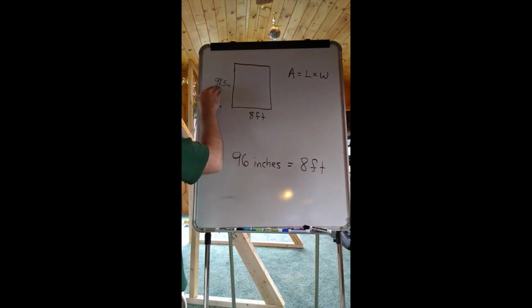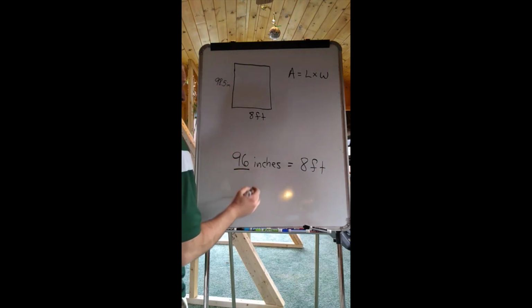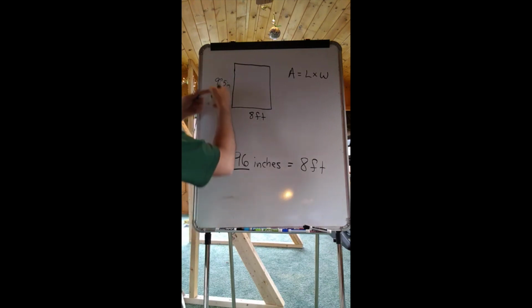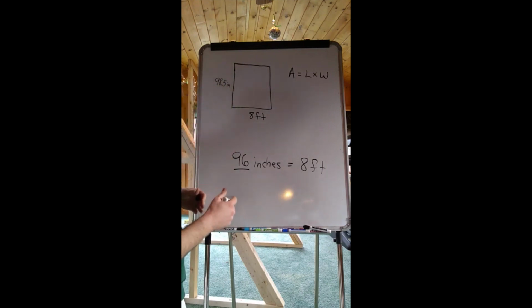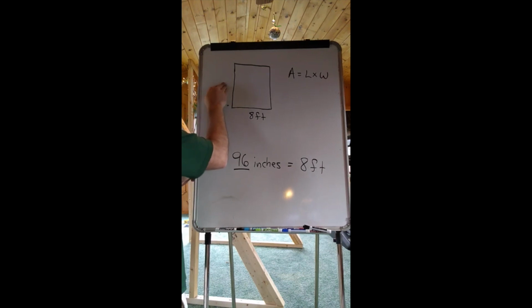Now, up here, 98.5 inches. 96 inches equals 8 feet. Here we're only 2.5 inches beyond 8 feet. Again, I'm going to round down to 8 feet because it's so close, and it makes our calculations so much easier.